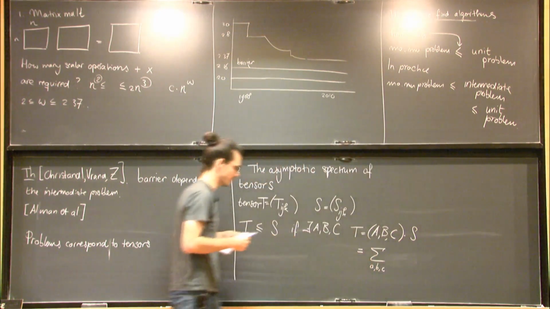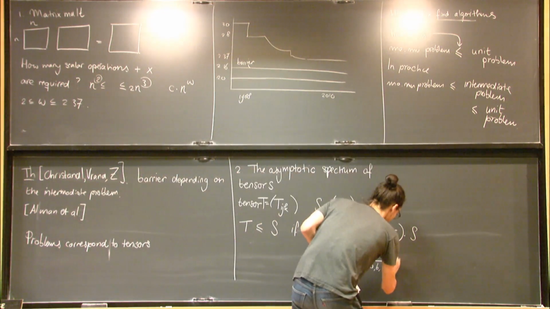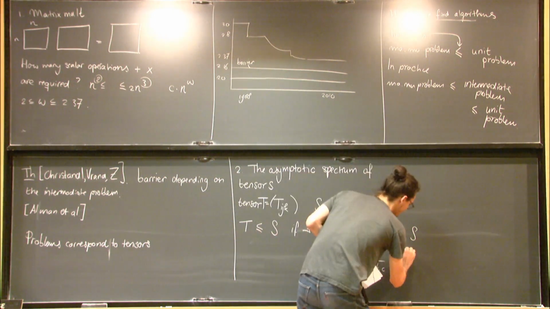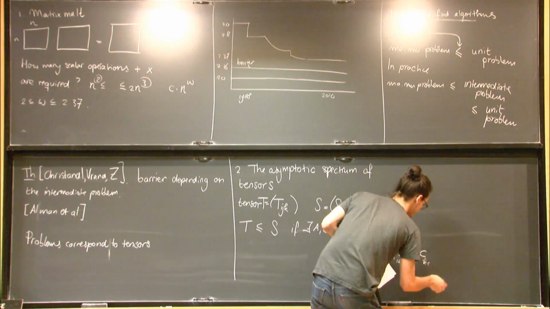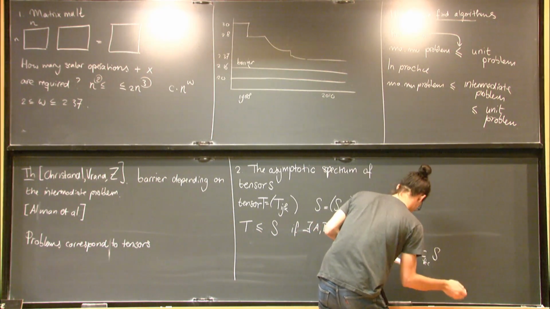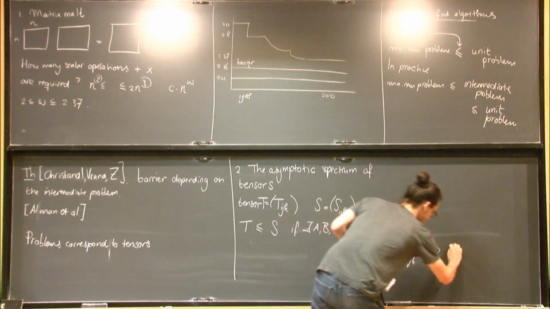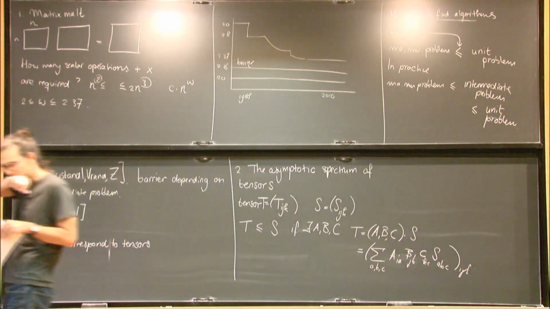So it's a sum over indices little a, little b, little c, A_ia, B_jb, C_kc, S_abc. And this would be the ijk-th coordinate of my tensor.